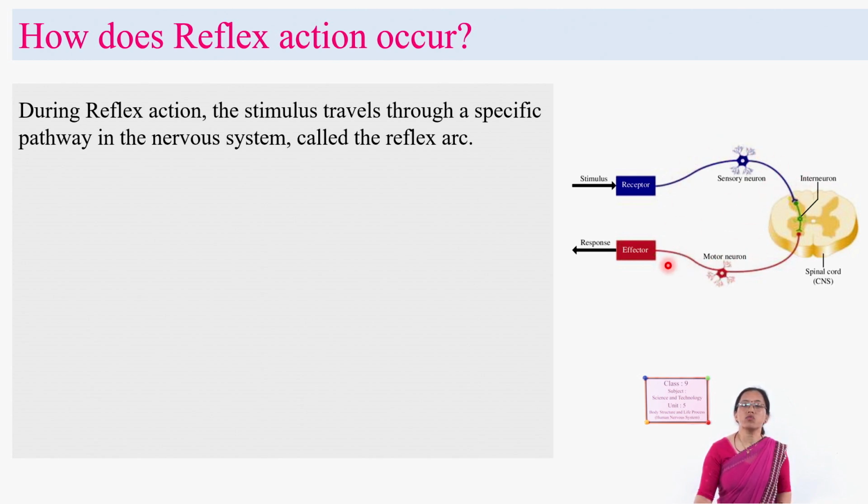That means it is a way of performing a reflex action from the receptor to the spinal cord through the sensory nerve, and from the spinal cord to the affected muscles through the motor nerve. It forms an arc that is called the reflex arc.